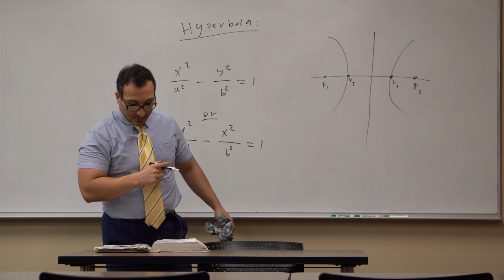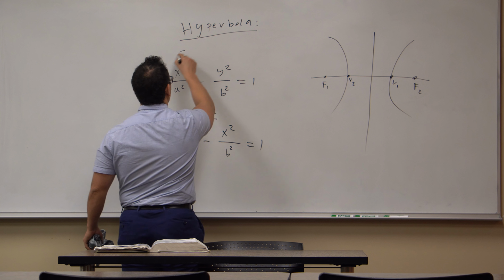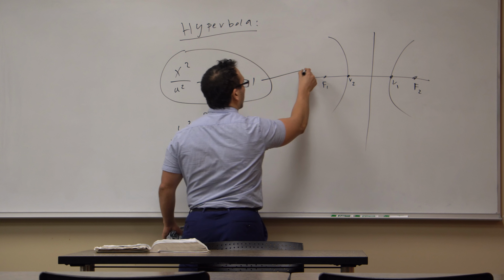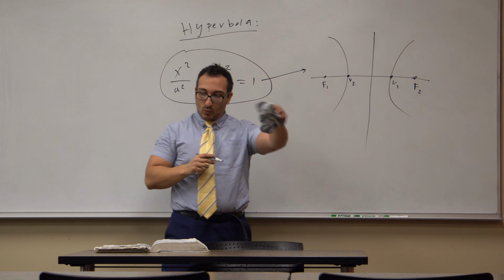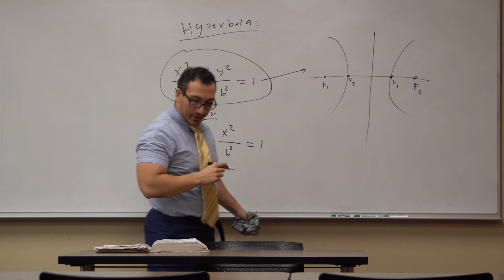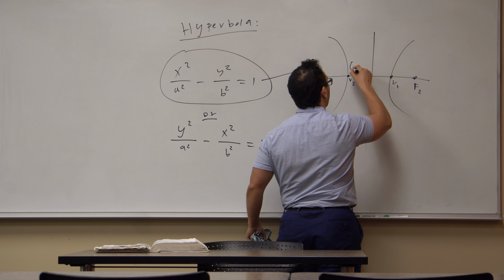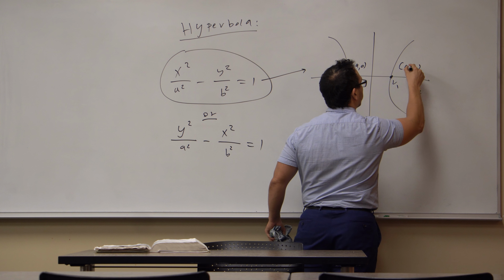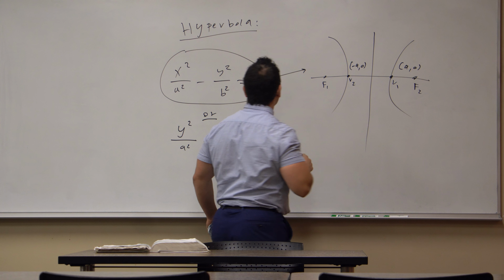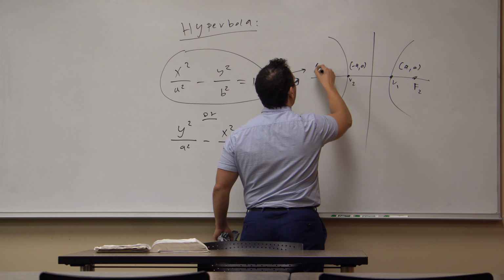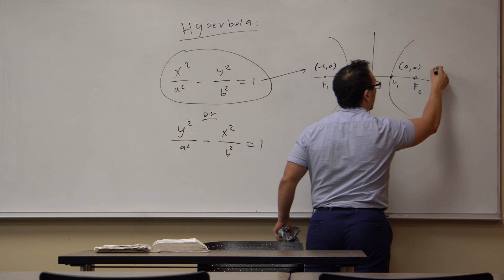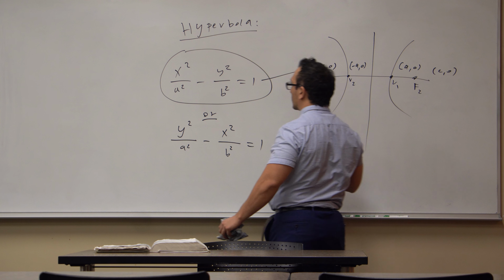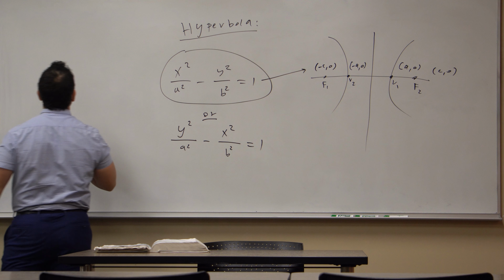So this equation up here would give us a hyperbola that looks like this, with vertices over here. This would be at negative a, 0 and positive a, 0, and foci at negative c, 0 and positive c, 0, and let us find out how we can determine what c is.